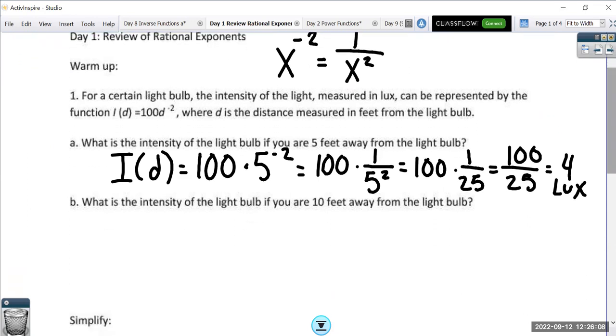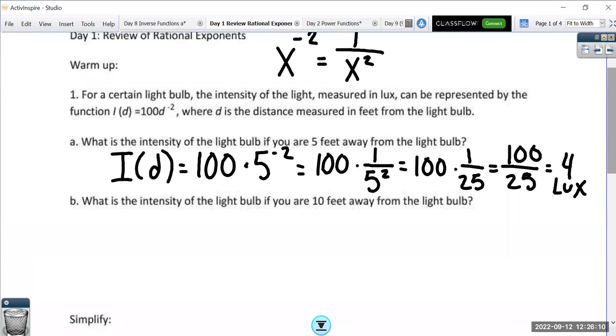And then trying again if you were 10 feet away. What we have is I sub 10, and my apologies, this should say 5 up here because we are subbing in 5.